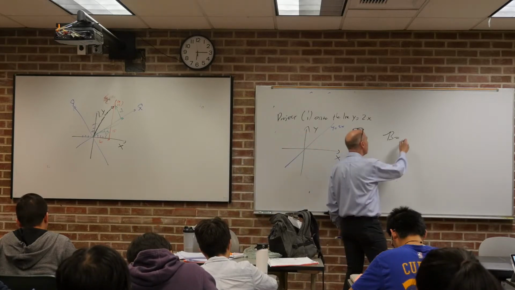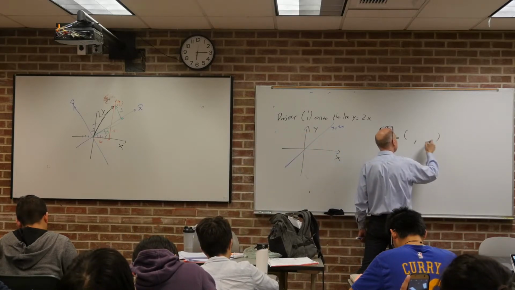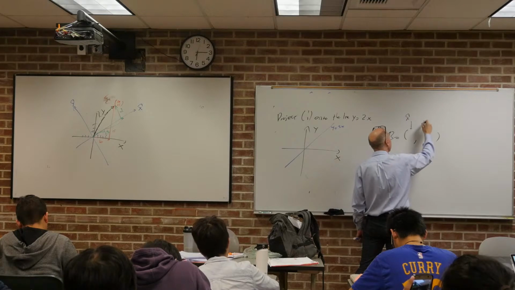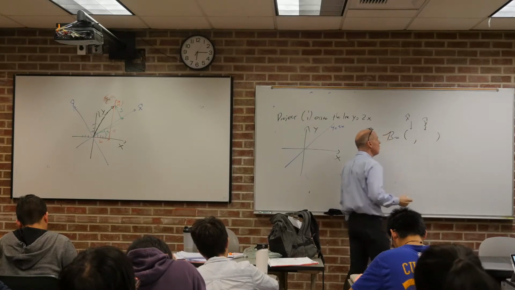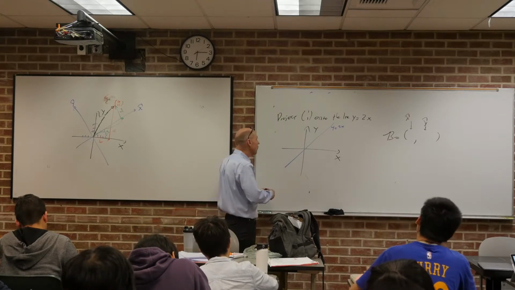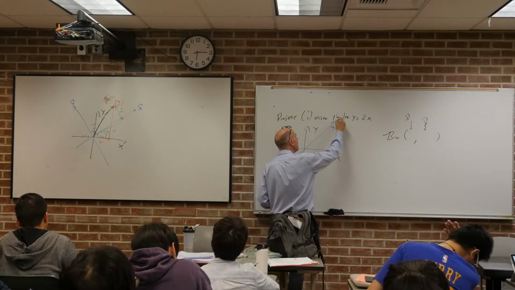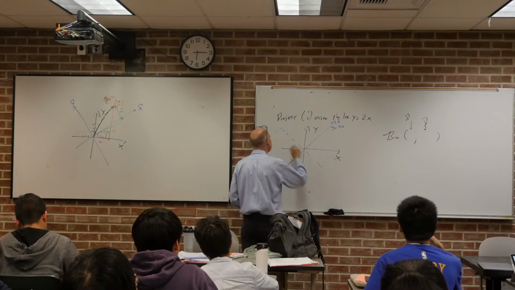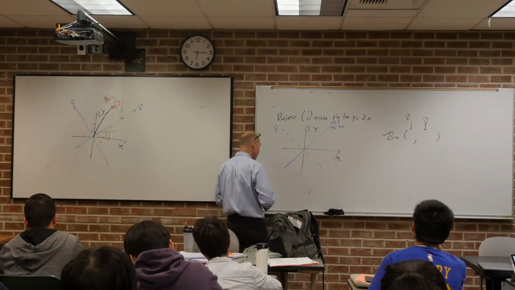I'm going to make a new basis B. That's going to be my x hat and my y hat. And then for that new basis B, here's my x hat, there's my y hat.